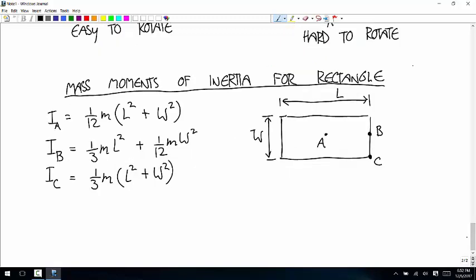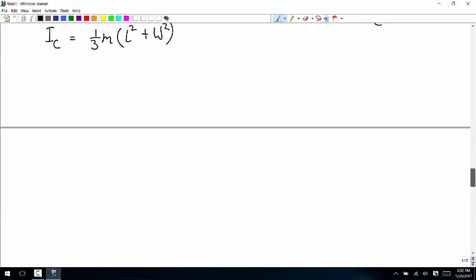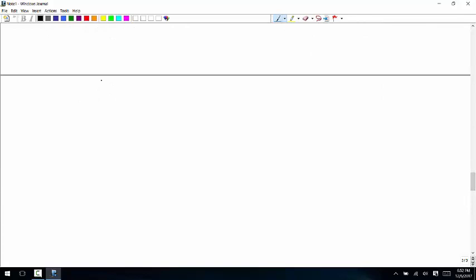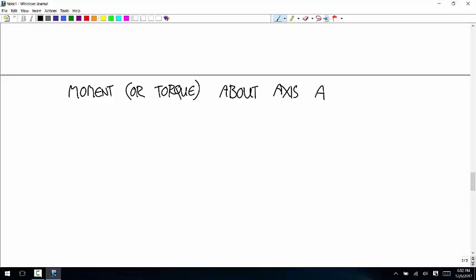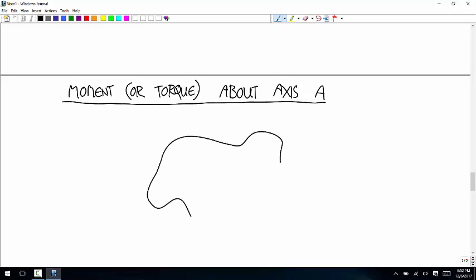Okay, so the next thing we have to define, the only other thing we have to define, is the moment or torque about the axis A. So let's say that I'm just drawing some random shape, and this thing rotates around an axis here.